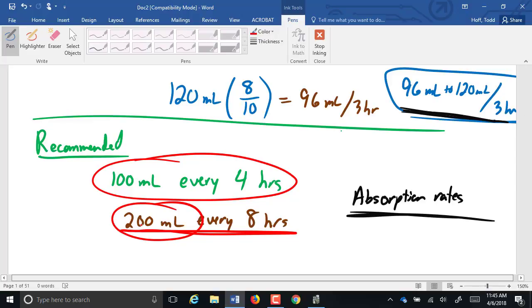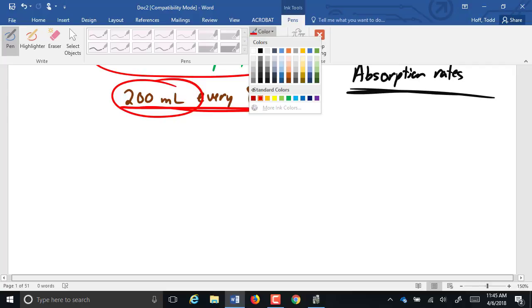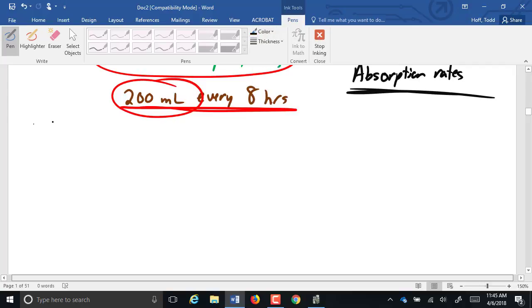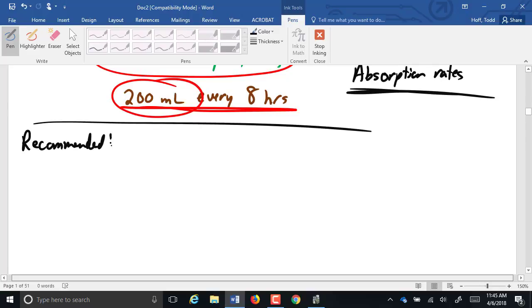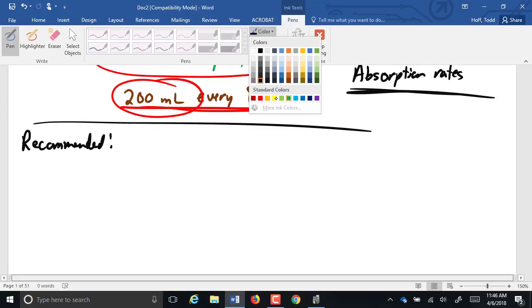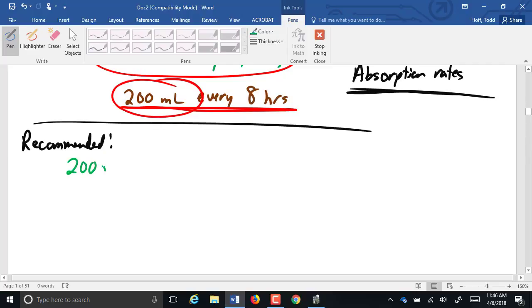So if the recommended is 200 milliliters every 8 hours, Q8H, it's okay to change that to 100 milliliters every 4. Bless you. I shouldn't say it's always okay, it's always safe to do that.